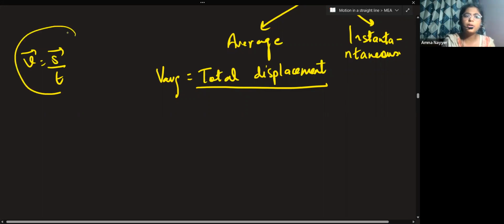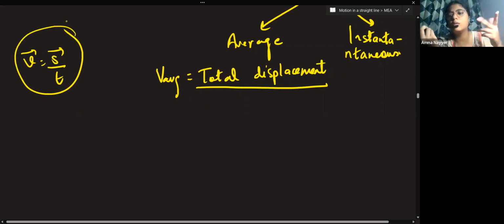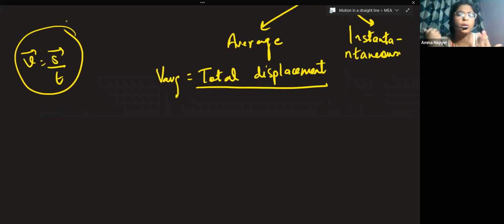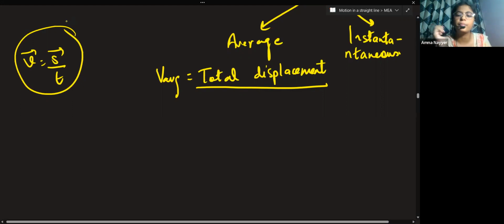So using this formula, whatever quantity was missing, using the other two, we calculated the third one and then put it in the formula. And then we had seen whatever quantity you take, x got cancelled, ultimately you have the answer without it. So this is what total displacement by total time. This will be the same. Just note it down, then we'll do some questions as well on it.